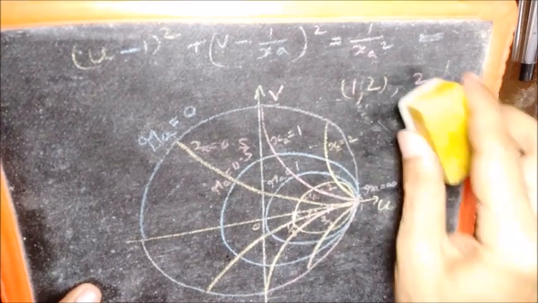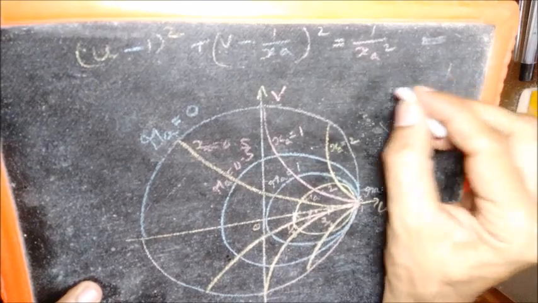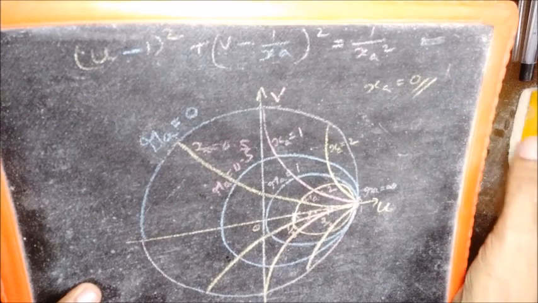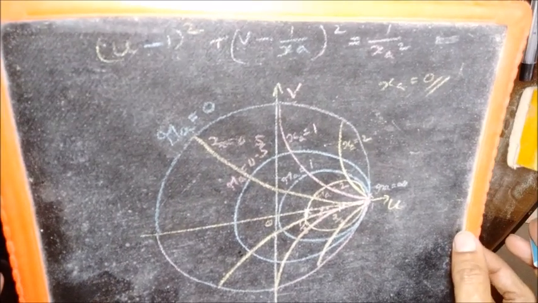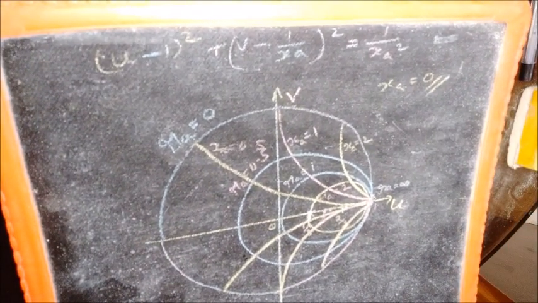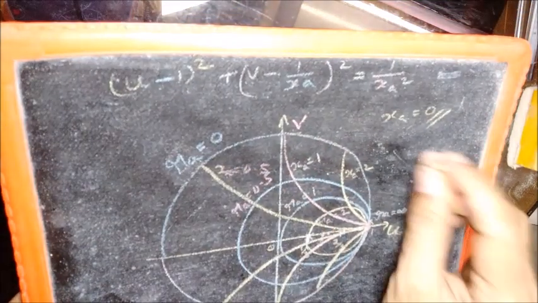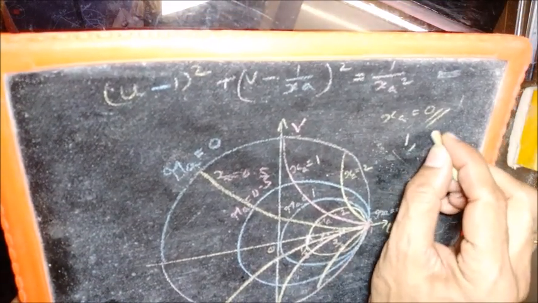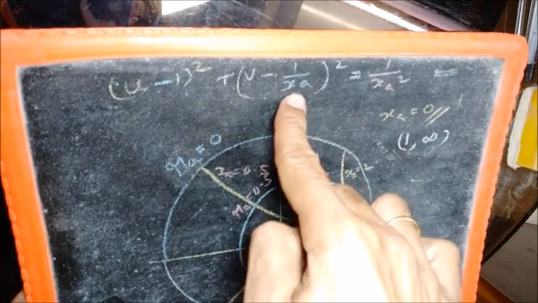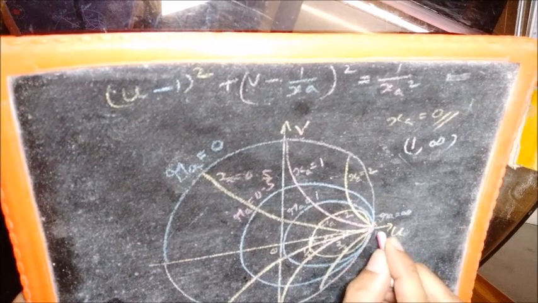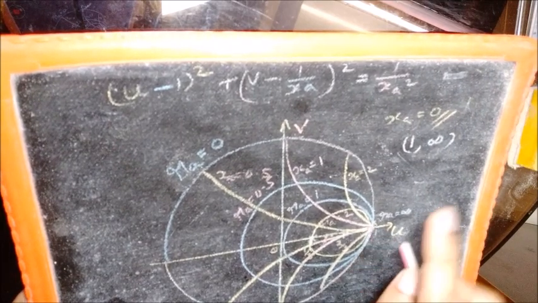Now quickly, last one. If XA is 0, that means we are considering a case where the impedance is purely resistive. There is no reactive part. If XA is 0, the center shifts to 1, infinity, and radius is infinity. 1, infinity will be U equal to 1 and V infinity.